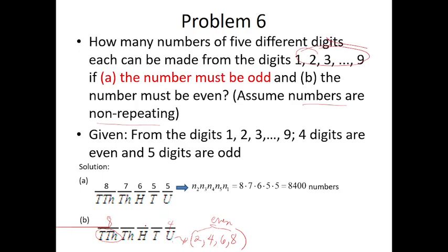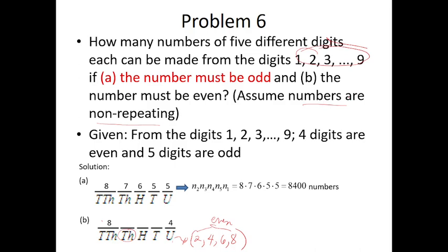Next, after obtaining the number of possibilities for the 10,000s place, we are to select now a digit to be placed at the thousands place.